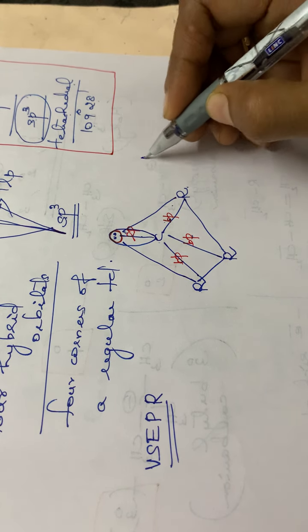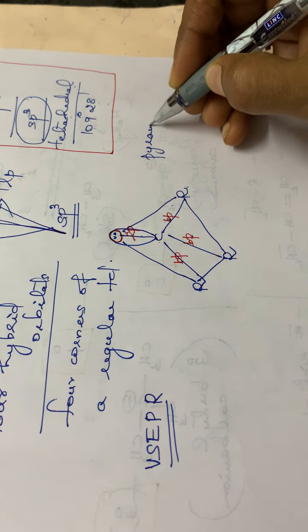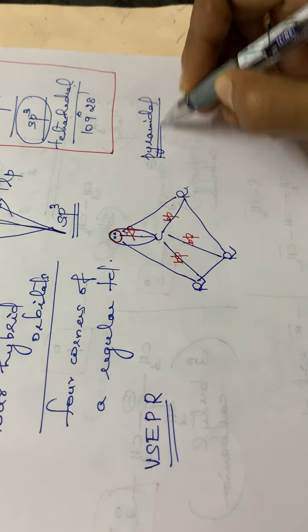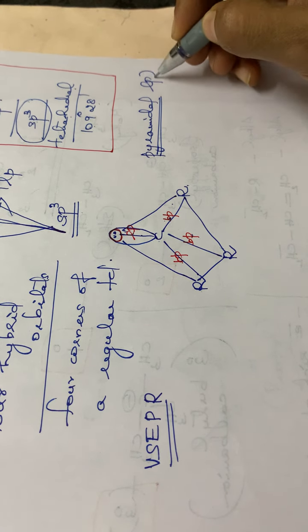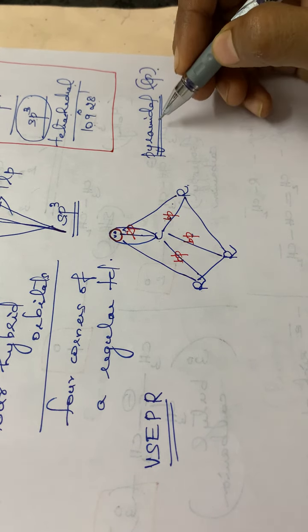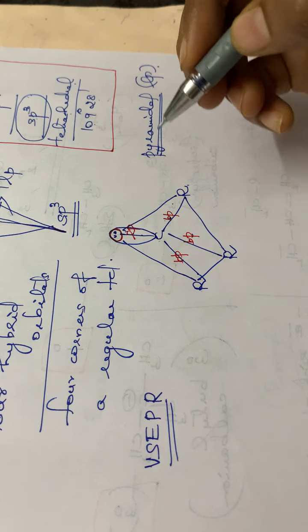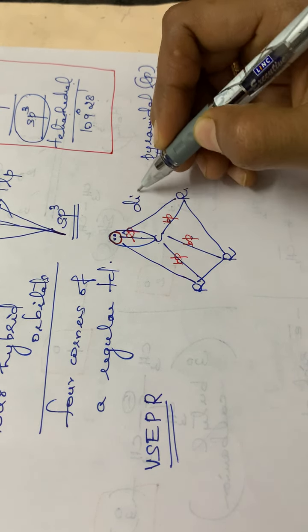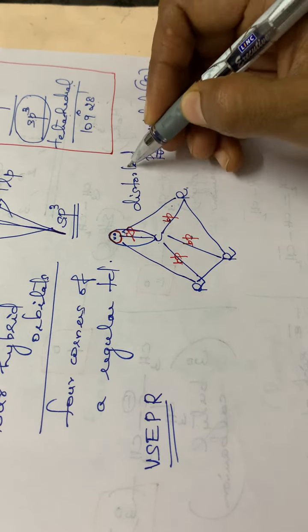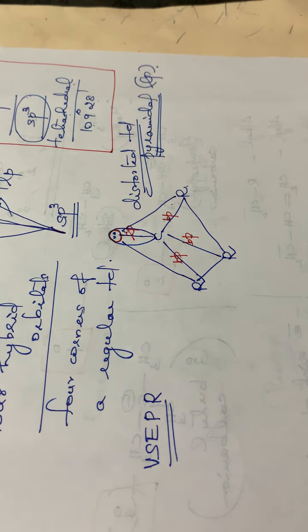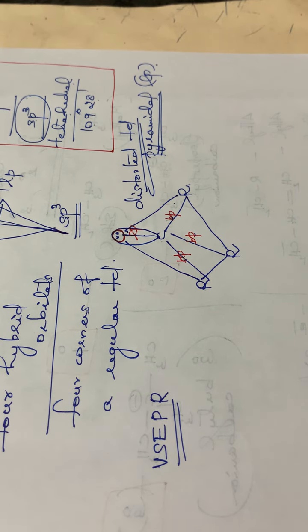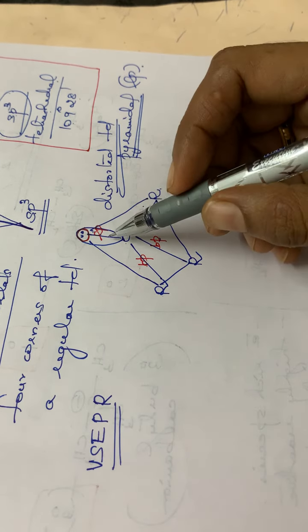We can write the geometry as a pyramidal geometry, or a distorted tetrahedral geometry, containing one lone pair of electrons at one of the corners.